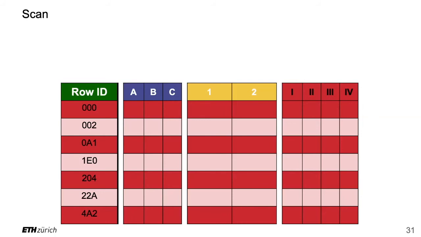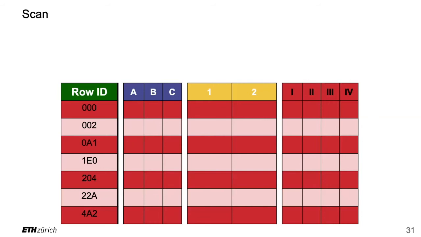Scan, this is new. This is something that we didn't really see before. And this is actually going to be super useful when we study MapReduce and Apache Spark later. This system allows you to scan through the entire table and go through all the data. It's especially useful to do analytics.